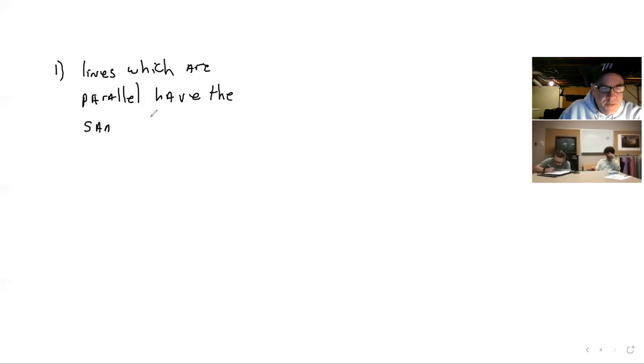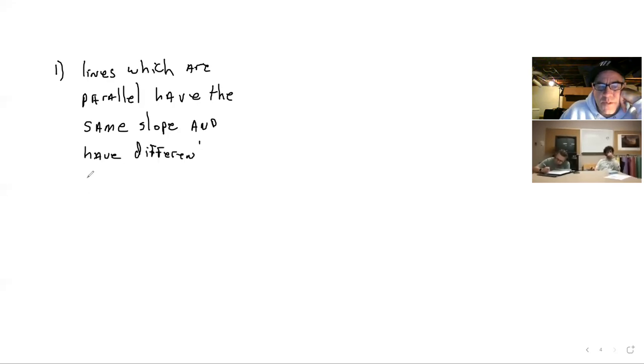So I think that's fairly intuitive. Now, to be technical about it, I'm going to write one more thing to this, and have different y-intercepts. And that's just to ensure that we're talking about two different lines and not two lines coinciding, that is just basically being the same line.